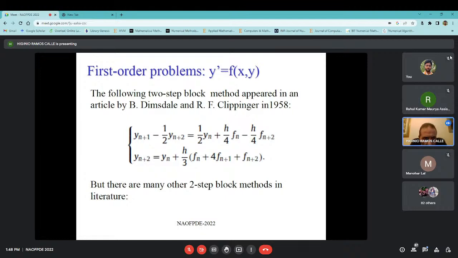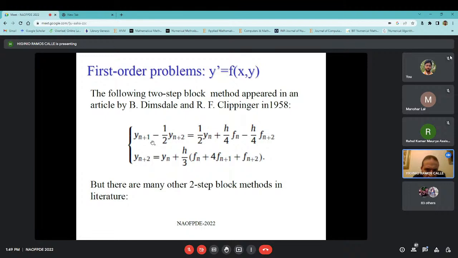For example, for solving a first order problem, I assume that it is an initial value problem. So we have a differential equation and also an initial value. For example, these two formulas are a method that was proposed by Dinsdale and Klippinger in 1958.